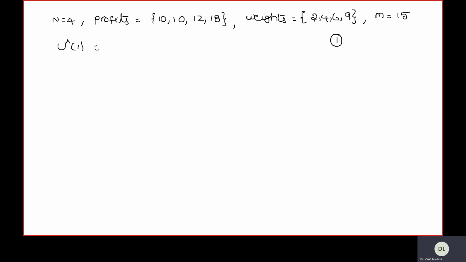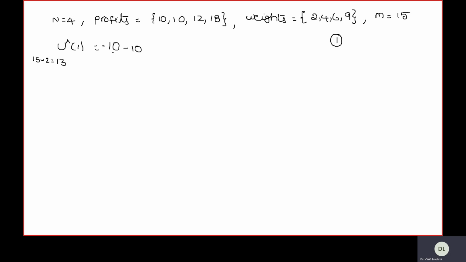So here the first item weight is 2 and the capacity of the bag is 15. So the item is placed into the bag. That's why we will earn the profit of 10. And the remaining capacity of the bag becomes 15 minus 2, that is 13. That's why the second item is also able to be placed into the bag, so that we will earn the profit.